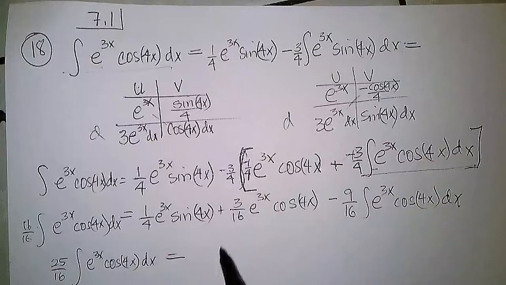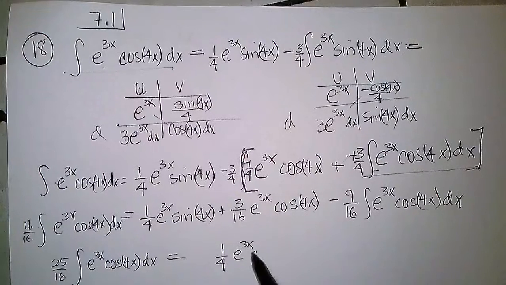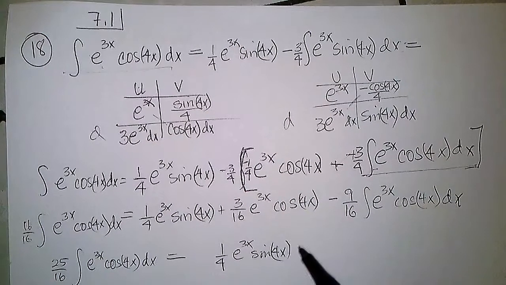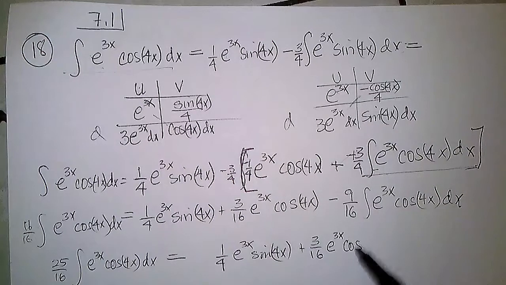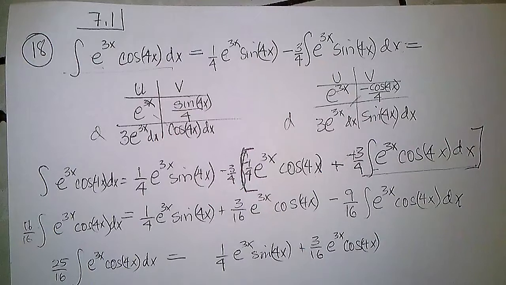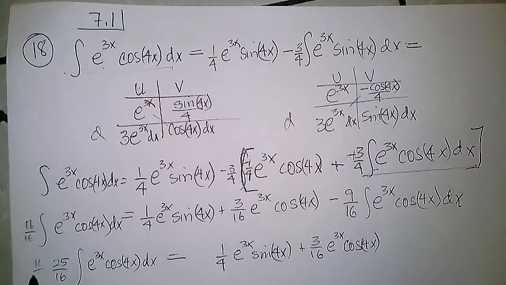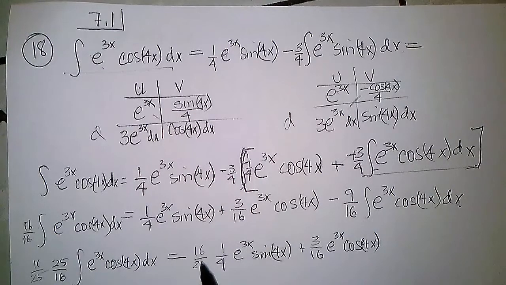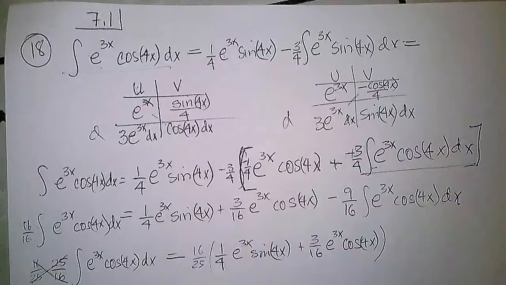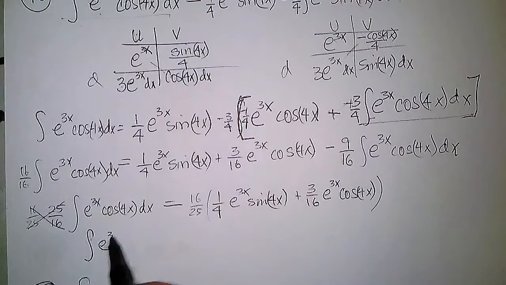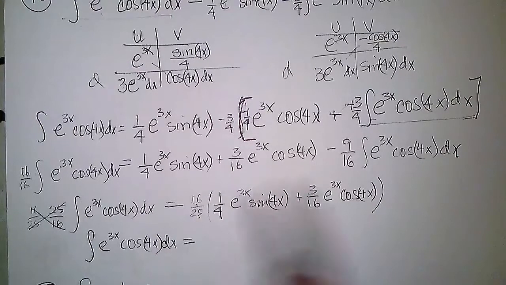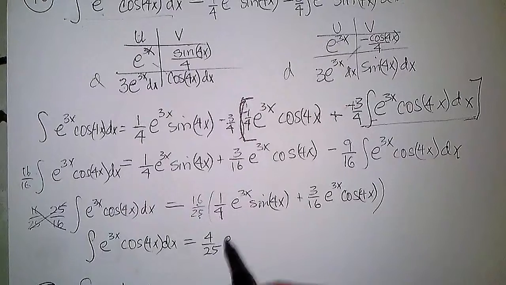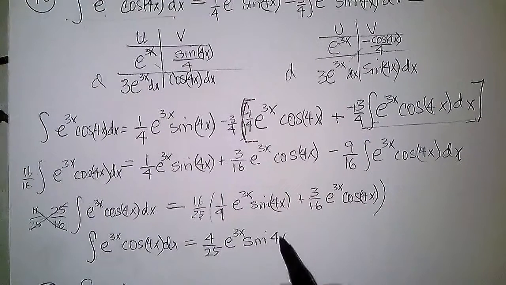Is equal to just this, 1/4 e to the 3x sine 4x plus 3/16 e to the 3x cosine 4x plus a c, but I'm going to do it after I multiply both sides by 16/25, and so these cancel out, and the integral that we were supposed to find, the original problem up there, is going to be (16/25) times 1/4 is 4/25 e to the 3x sine 4x.